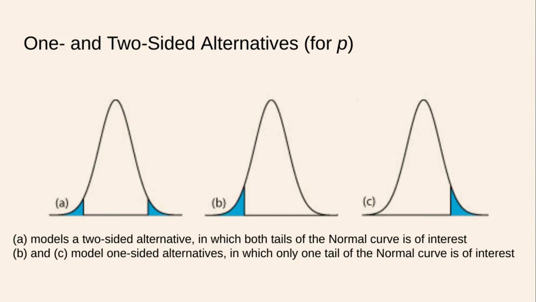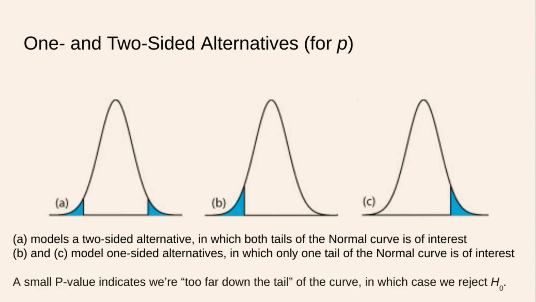B and C model one-sided alternatives in which only one tail of the normal curve is of interest. A small p-value indicates we are too far down the tail of the curve, in which case we reject the null hypothesis. So whatever p-value we get indicates how far down the tail, whether right, left, or both, of the normal model we are considering our study.